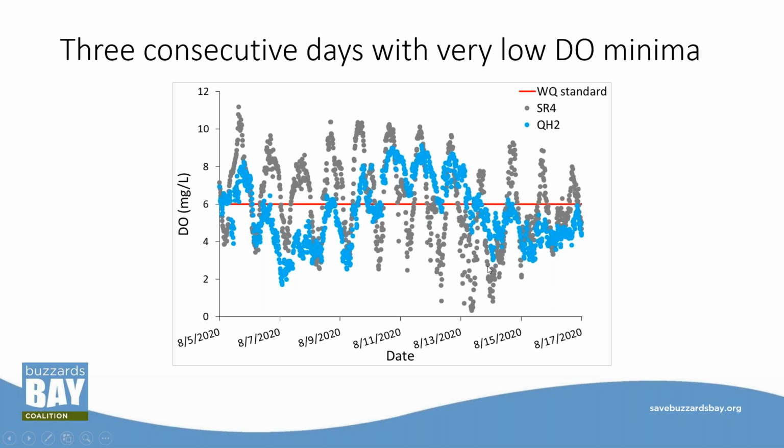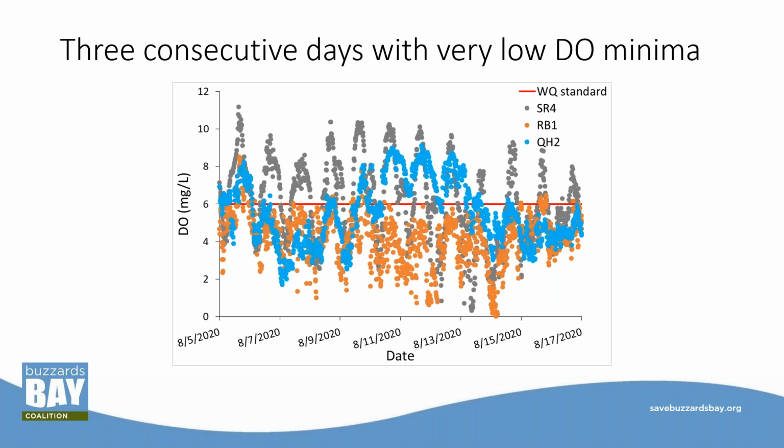And if we compare the third station, Red Brook Harbor in orange, another eutrophic site, we can see that there is very low DO on 2 of the 3 days where we saw extreme lows at Slocum's River.